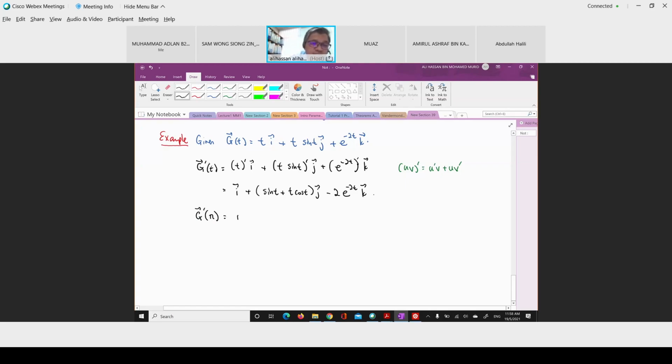So we substitute t equal to pi and simplify. Sine pi is 0. Cosine pi is minus 1. So we have i minus pi j minus 2 e to the minus 2 pi k.